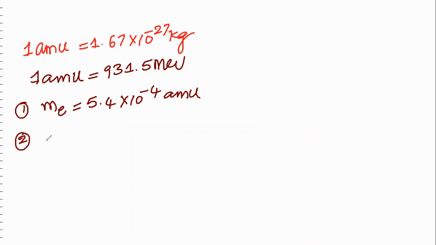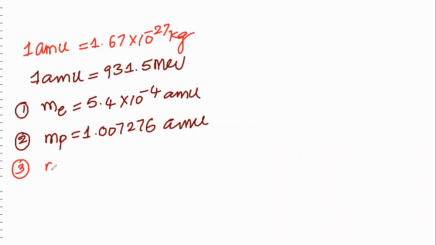Then the mass of the proton will be 1.007276 AMU. The mass of the neutron will be 1.008665 AMU. This is the mass of the neutron.